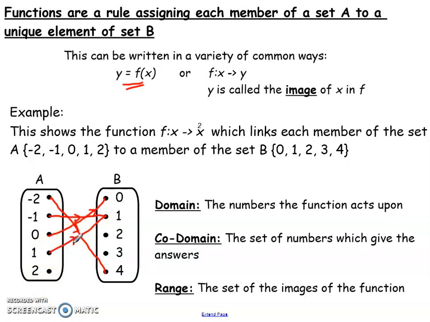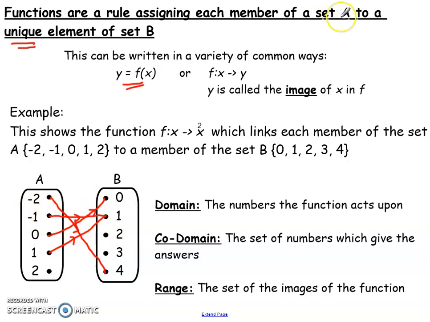But wait a second, this is where the question comes into play. Because if I look here, what this says is it's a rule assigning each member of set A to a unique element of set B. But this element in B, the 1, is shared between two numbers which I've put into the function. But that is allowed.